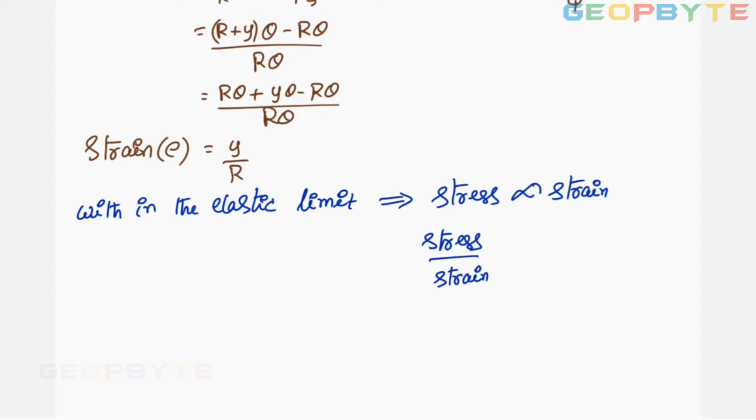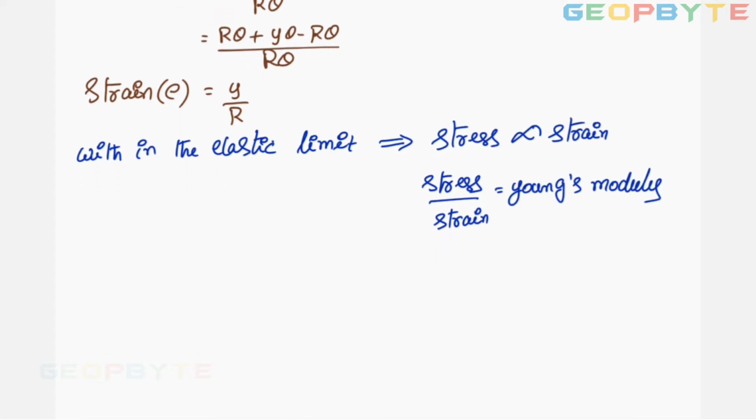That constant is called Young's modulus, denoted by capital E. Then stress sigma, here the bending stress, divided by strain small e equals Young's modulus E. From this, sigma by Young's modulus equals strain.